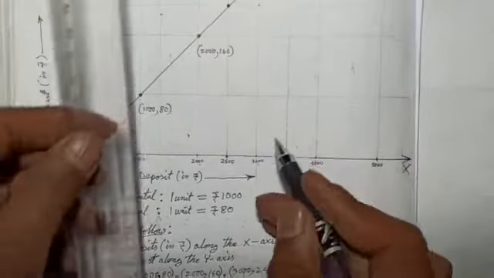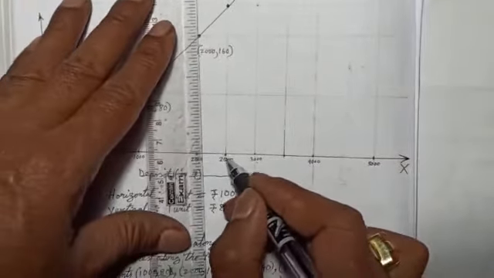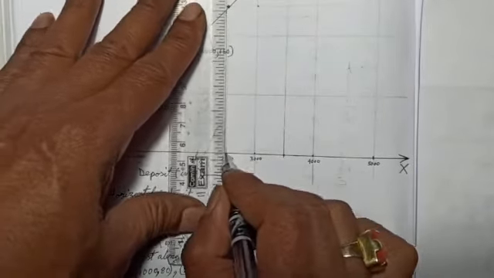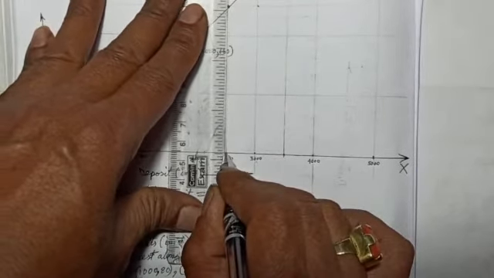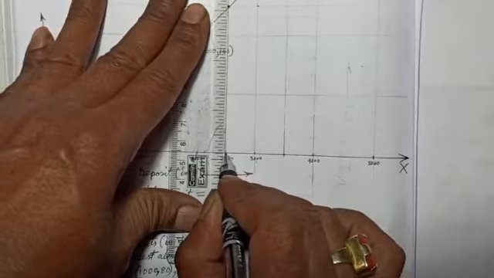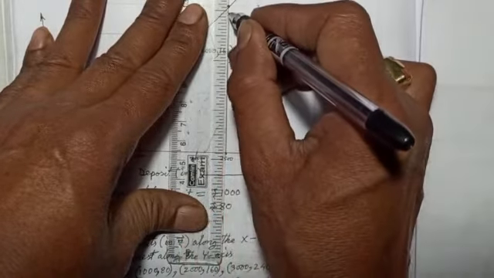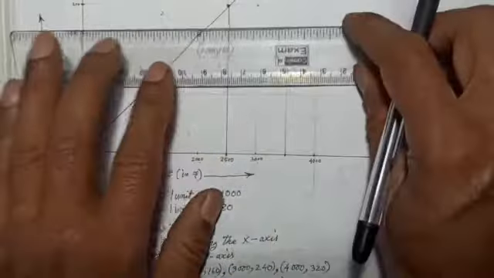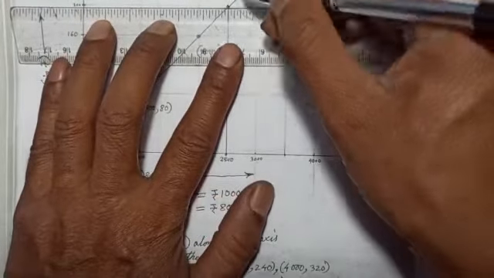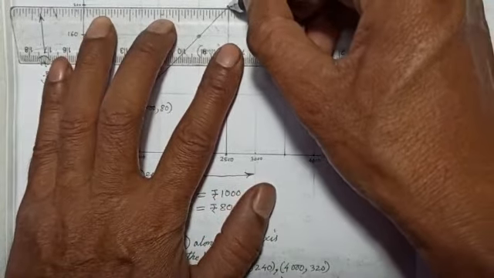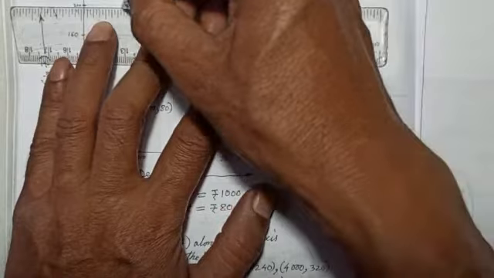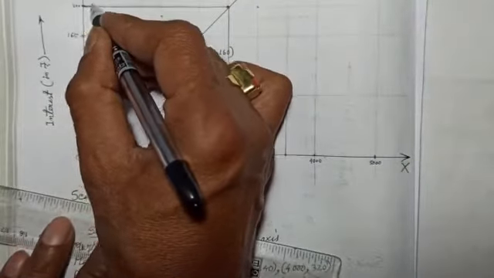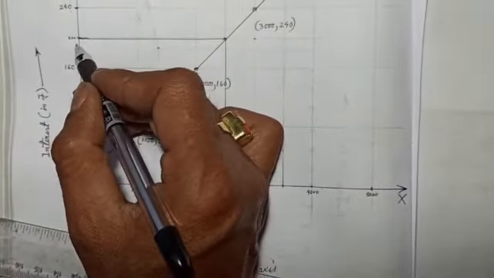So from this 2,500, let us draw a perpendicular line to the x-axis like that, and on the vertical axis through this point we are drawing another line like this, and here we are getting 200.